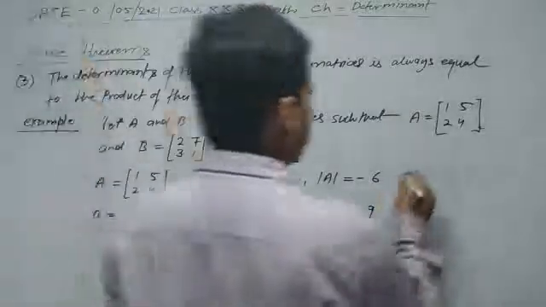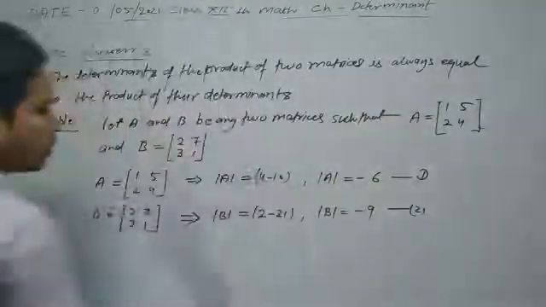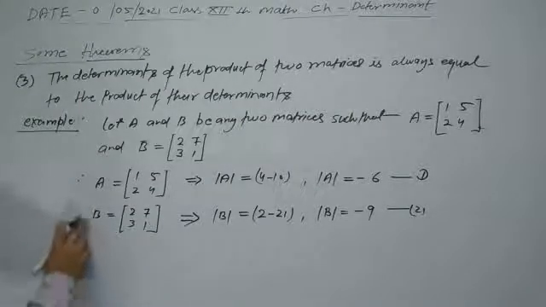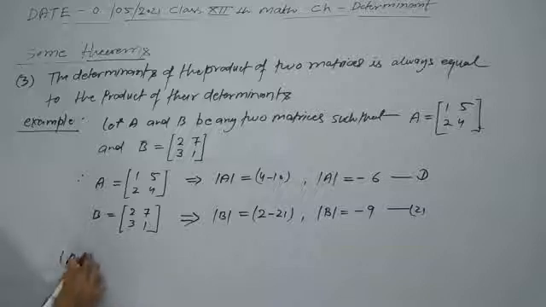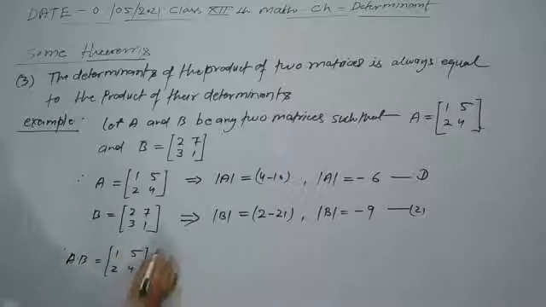Consider equation 1 and equation 2. So multiply A and B. AB is here, 1 5 2 4 times 2 7 3 1.